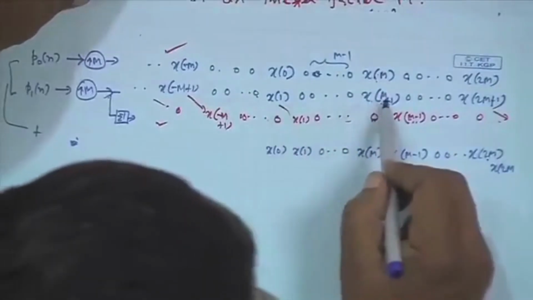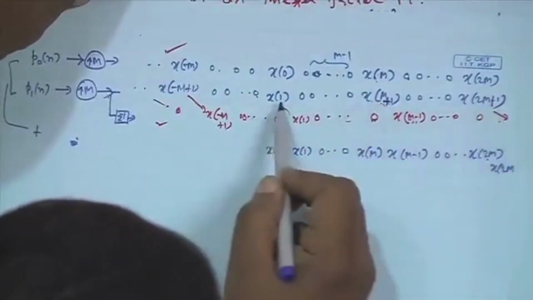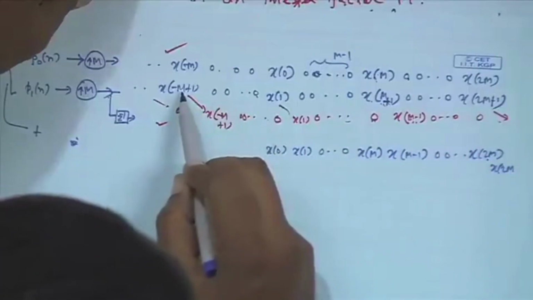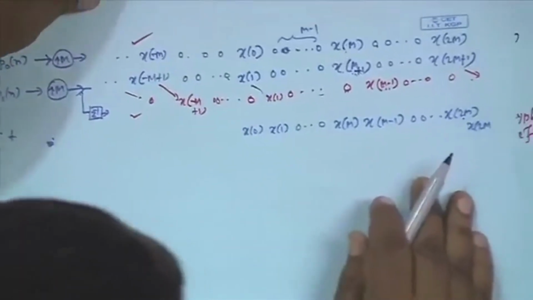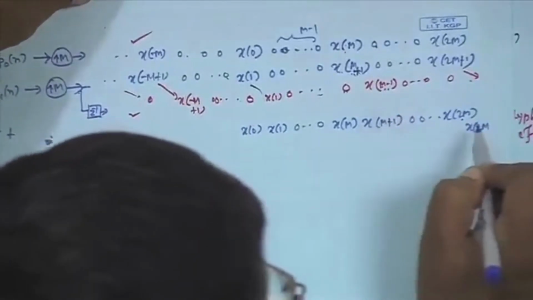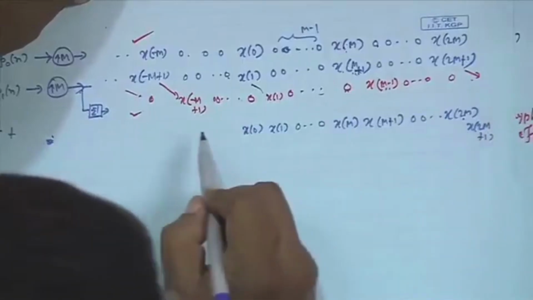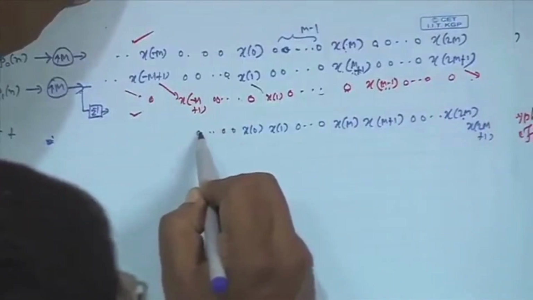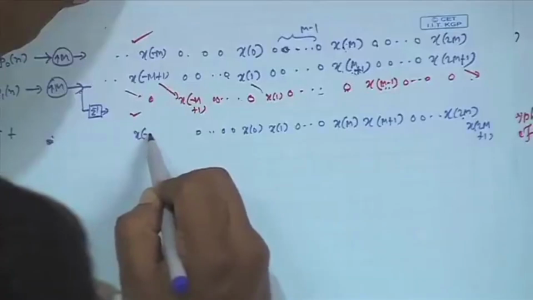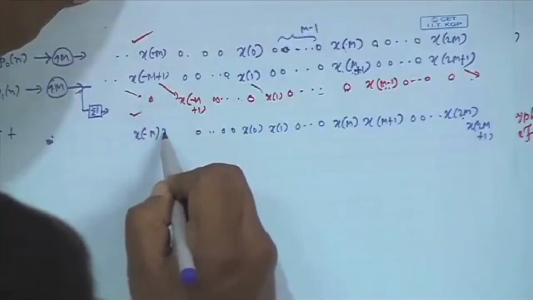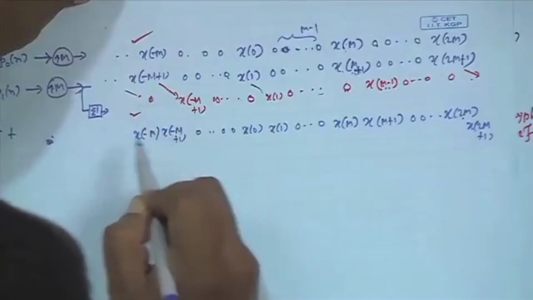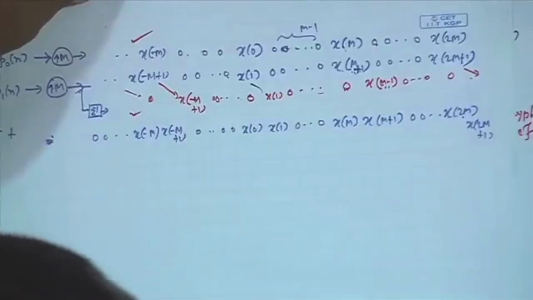That is why x 1, m plus 1, 2 m plus 1, jump to the left by m, so minus m plus 1, like that. Okay. So, it is actually m plus 1, 2 m plus 1, then again zeros, x minus m, x minus m plus 1, zeros, dot dot dot dot.